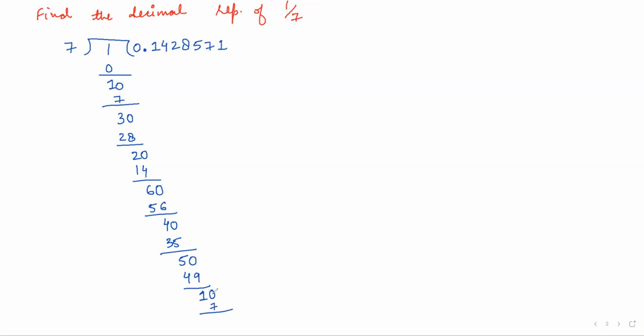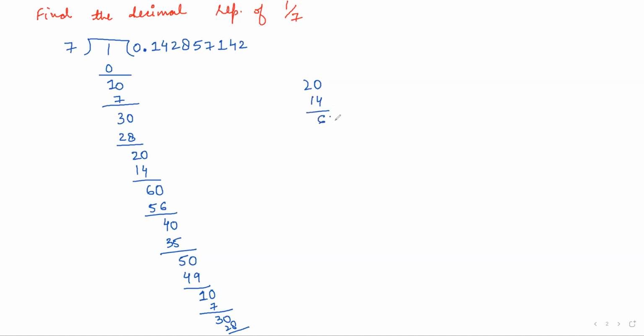So 3, make it 30. So 7 into 4 is how much? 28, right? I'm getting 2 as the remainder. So I'm writing 2 here. Make it 20 because I don't have space. Now 7 into 2 is 14.